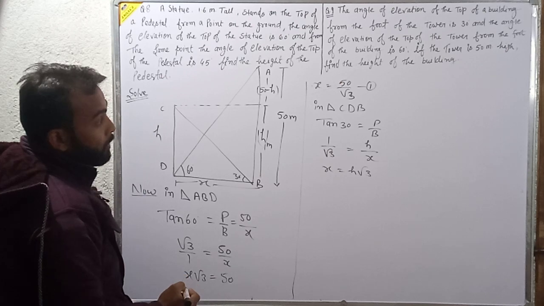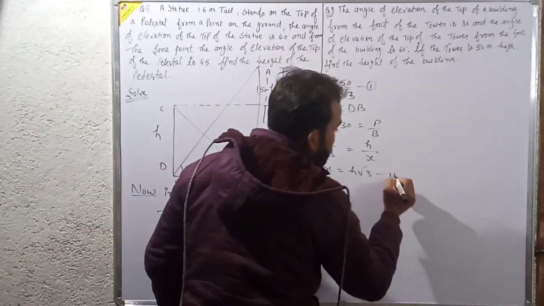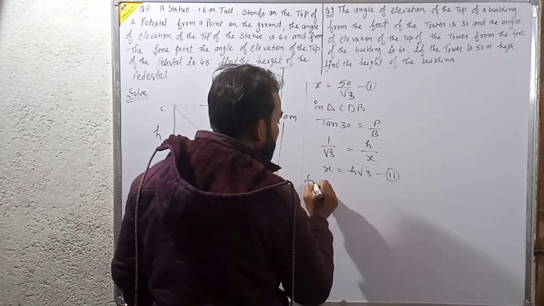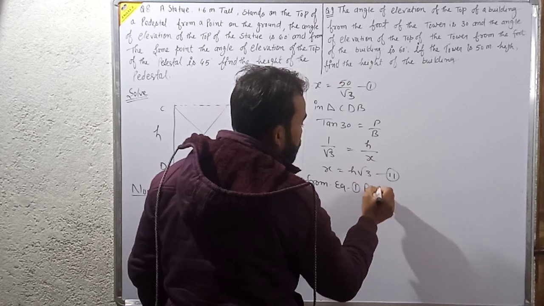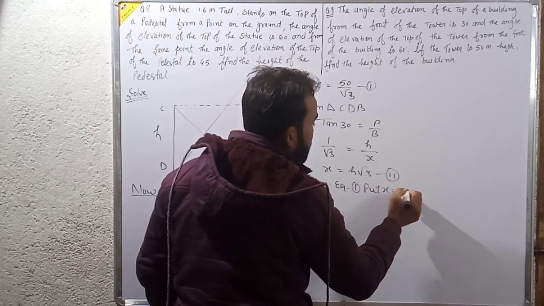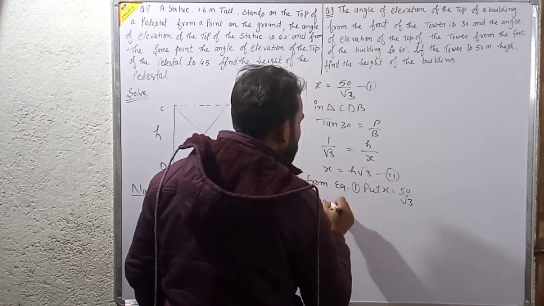This is equation number second. From equation first, put X is equal to 50 upon root 3 in equation second.